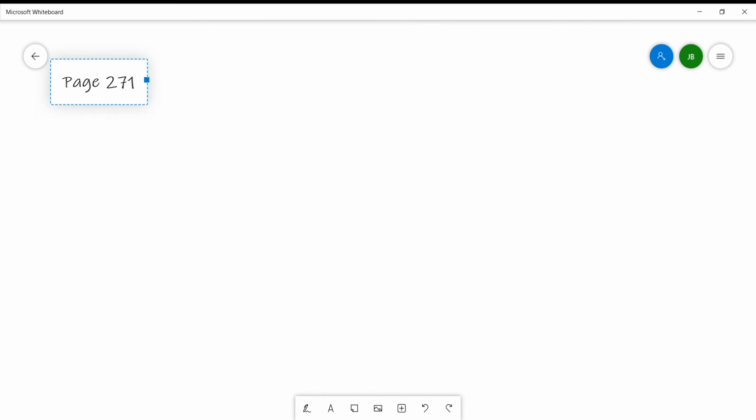Guys, we are on page 272. Use a relative frequency as a probability. So if Alexis and Joe caught those fish, we can make an assumption.